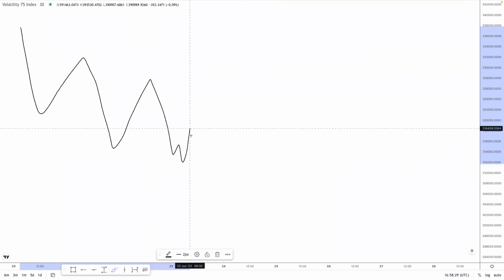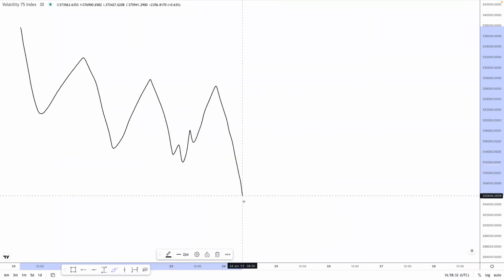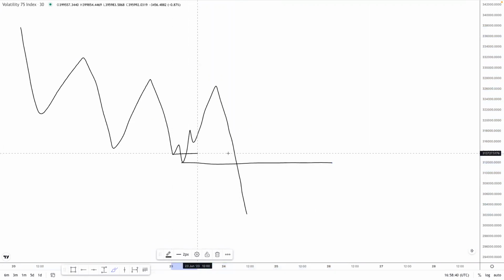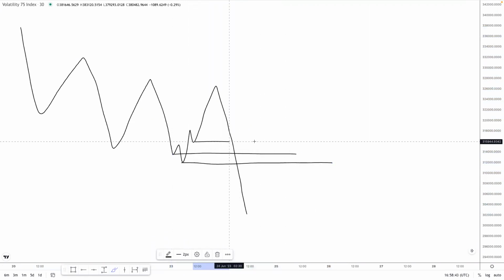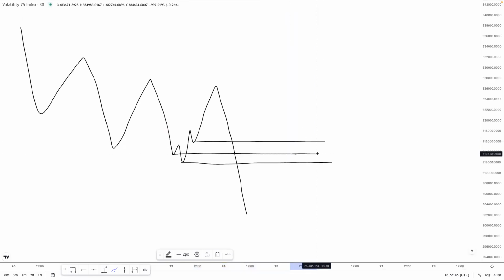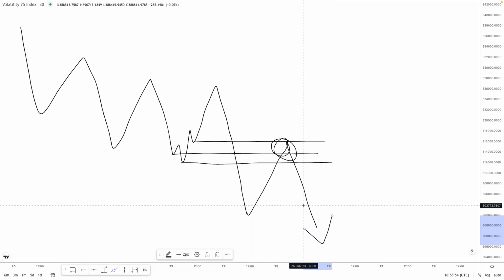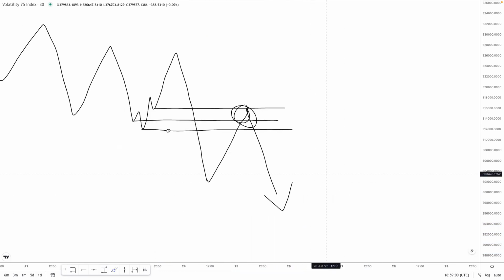Try to illustrate this structure right here. Are you done? Yes, I'm done. Okay.